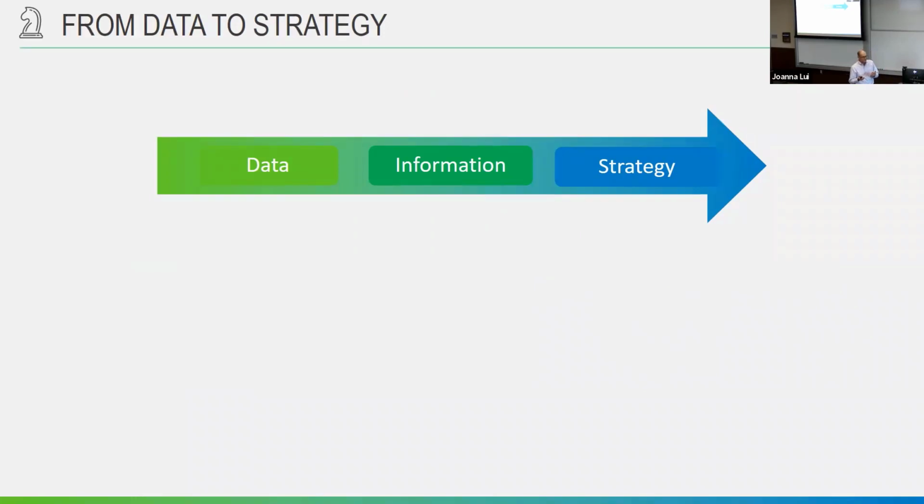The reason is, there's so much data out there. What I would always encourage you to do is try to figure out what your strategy is, and then work back and go, well, what information do I need in order to support the strategy? And then go back into the data.